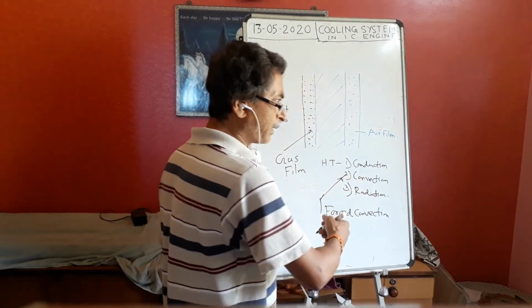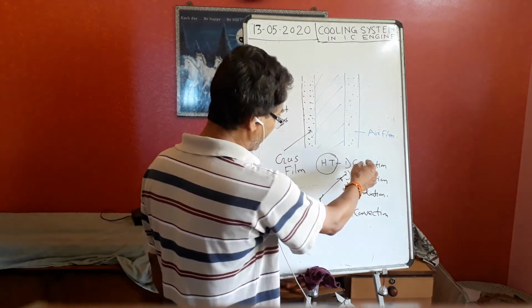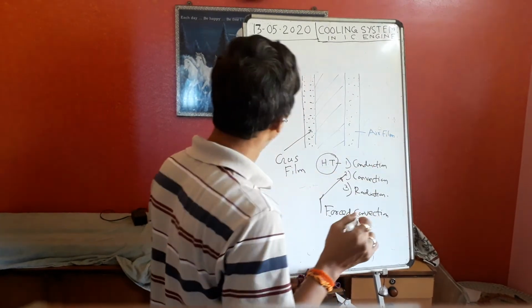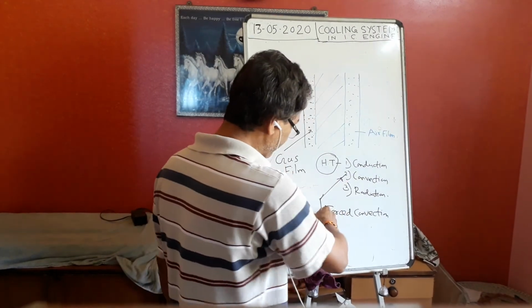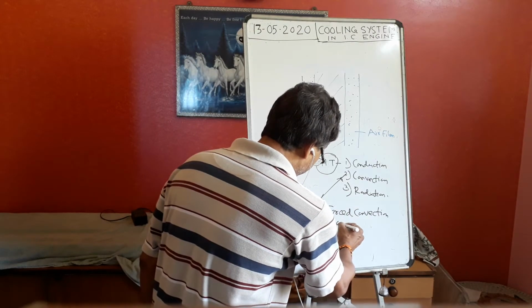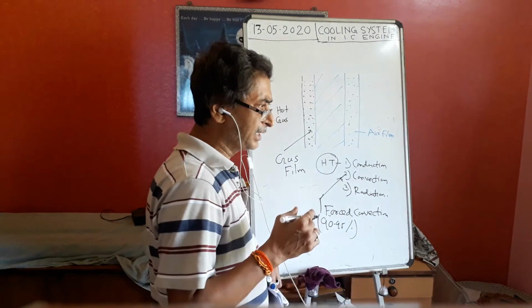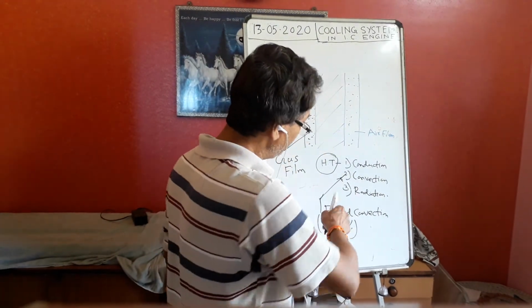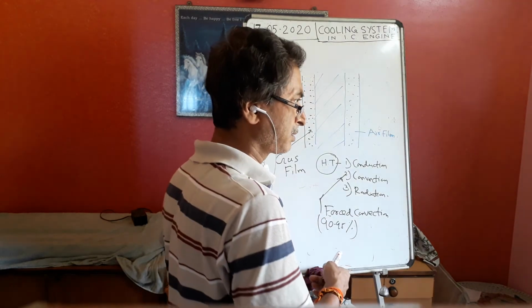What is the percentage? All three processes, conduction, convection and radiation, take place, but convection is the major, nearly 90 to 95% in some cases. So whatever heat is discharged to the atmosphere, the maximum is by convection.